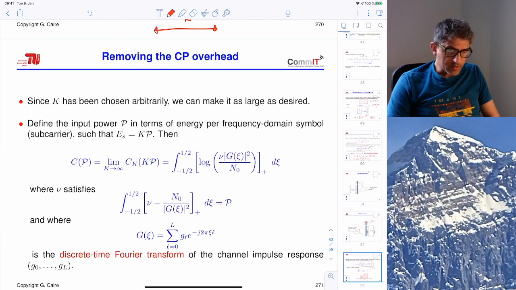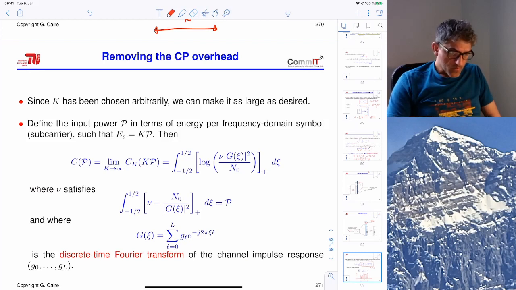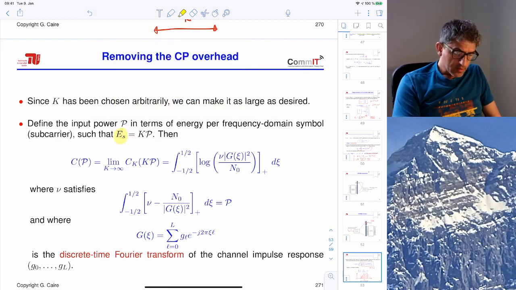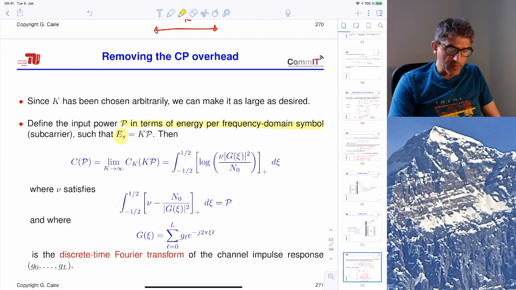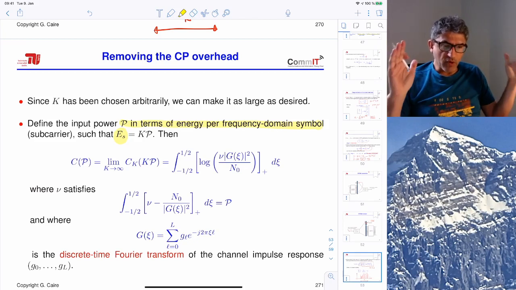And it turns out that with not too big an effort in the theory, you can prove the following rigorous result, as we let the energy per symbol be P. P is the input power in terms of energy per frequency domain symbol, and we used ES to denote the energy for a block of K symbols.